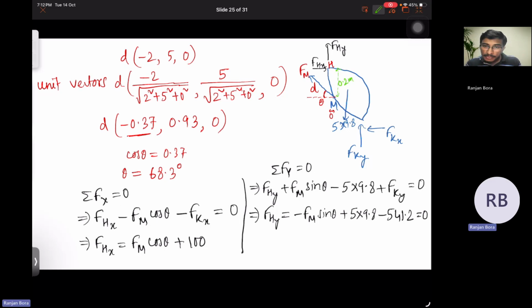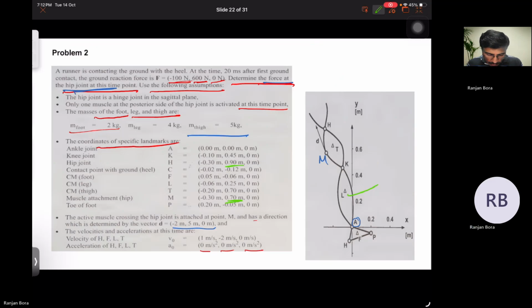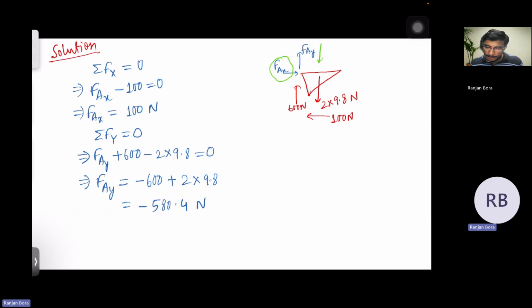Now we need to find the moment arm for the weight of the thigh. The center of mass of the thigh is given as minus 0.2 and 0.7. We only need to consider the horizontal component, so it comes from the x component minus 0.2 and H is minus 0.3, so it is 0.1.